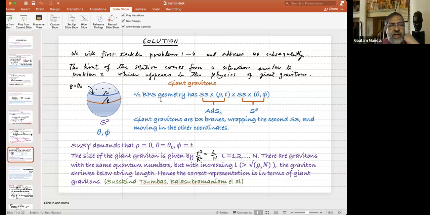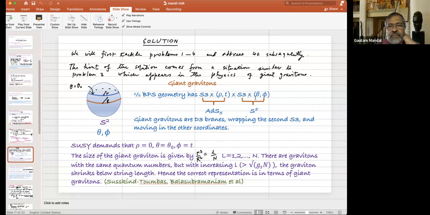In particular, I'll talk about half BPS geometry. What this restriction means effectively is that the geometry is of the form of a rigid S3, the 3-dimensional sphere, as part of AdS5, and another rigid S3 as part of S5.